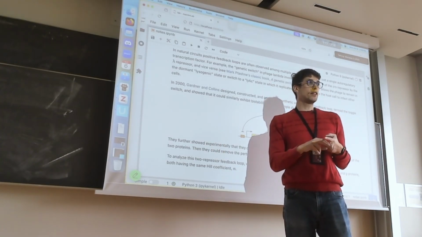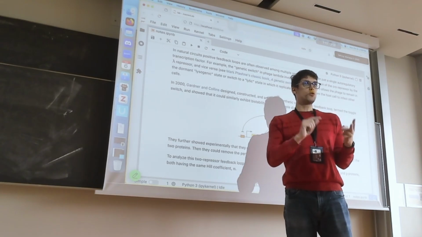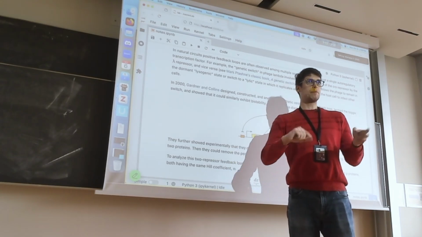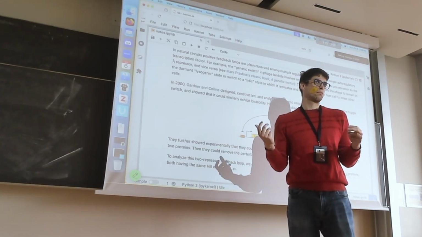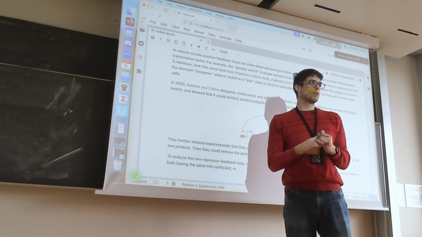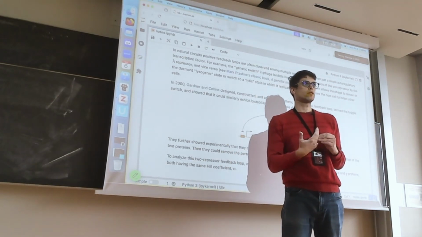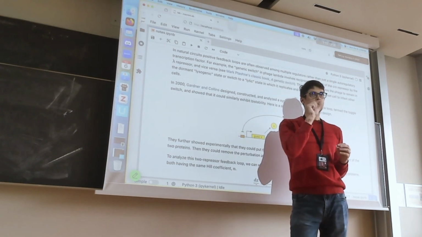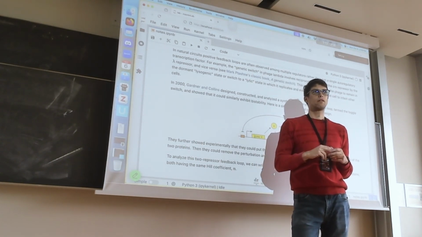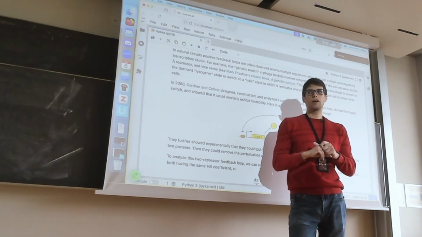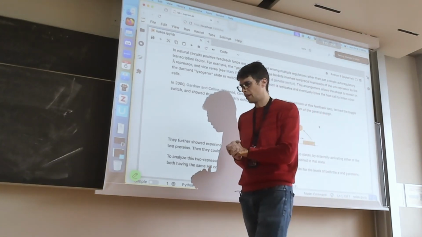And bistability, yes, means you have two different stable steady states. If you have three of them, it would be tristable, multi-stability in general, of course. But it refers to the stable states. Okay, thanks for the question.